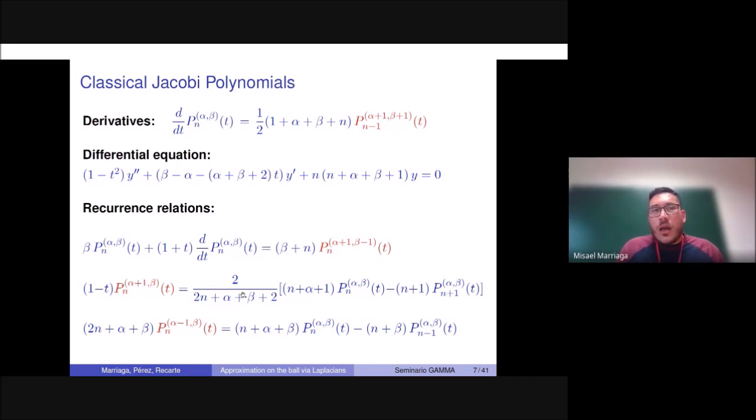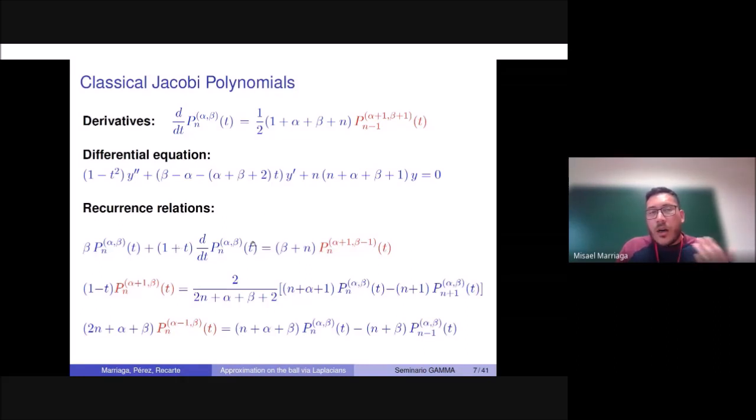The derivatives of Jacobi polynomials are again Jacobi polynomials with a shift in the parameters. They satisfy a second order linear differential equation with polynomial coefficients. And these are the eigenvalues associated with each polynomial of degree n.